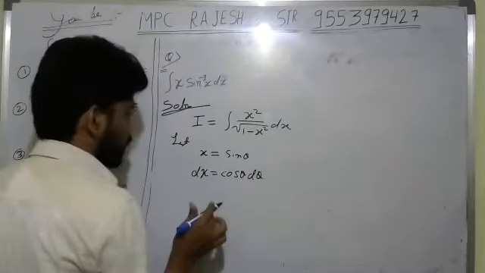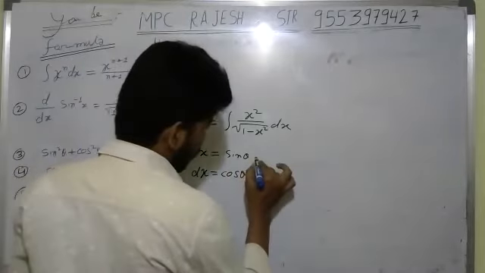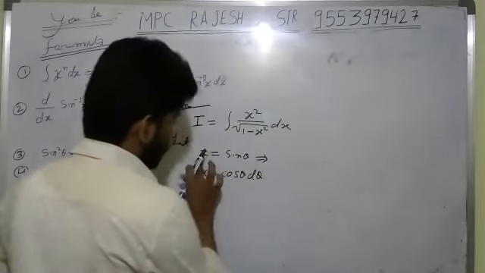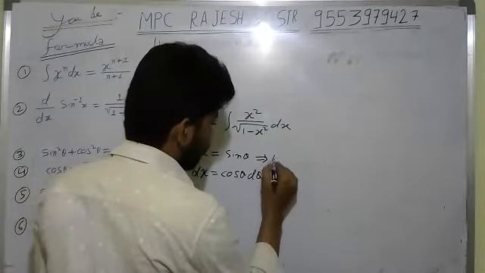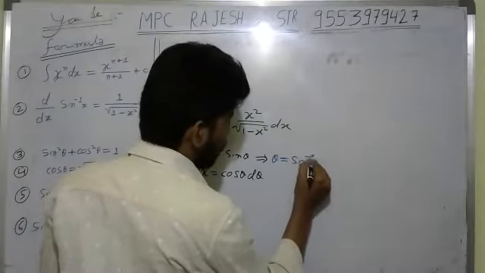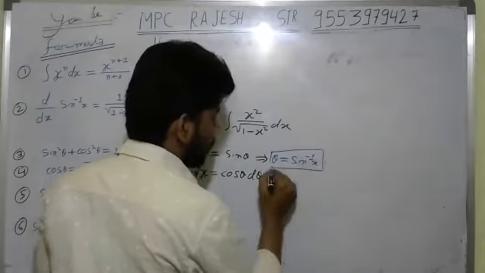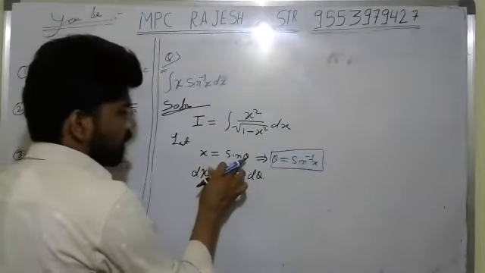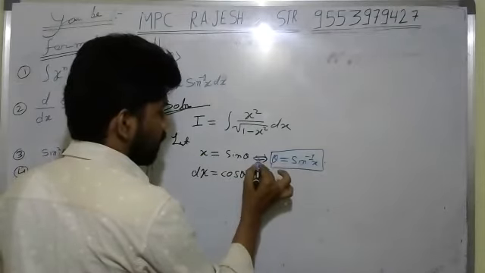So dx is cos theta d theta. Also, if x is equal to sine theta, then theta is equal to sine inverse x. Both are vice versa, right.